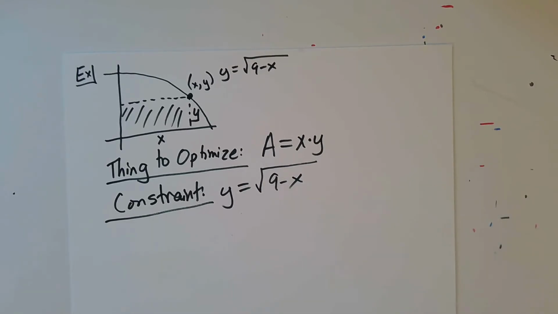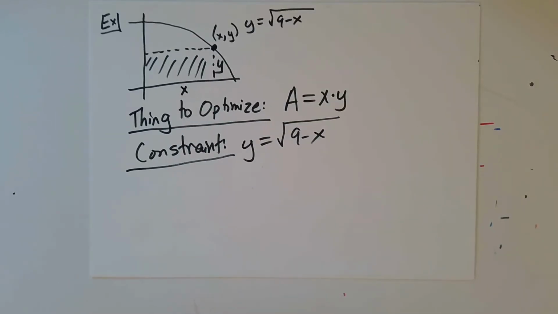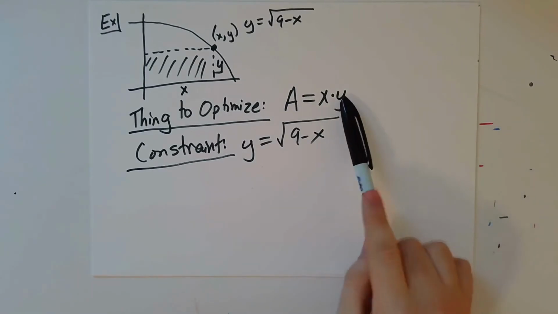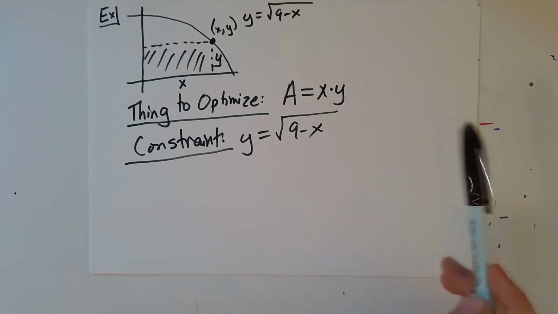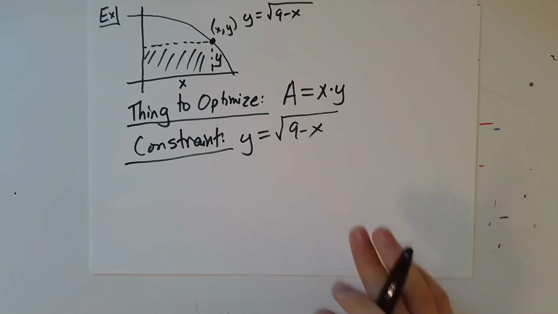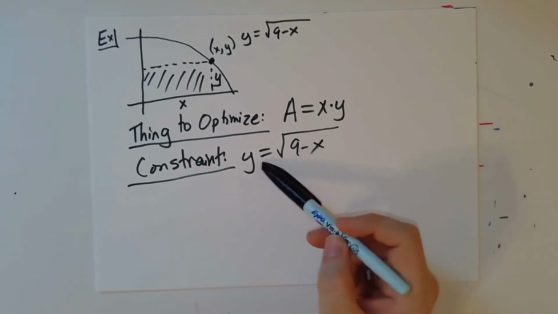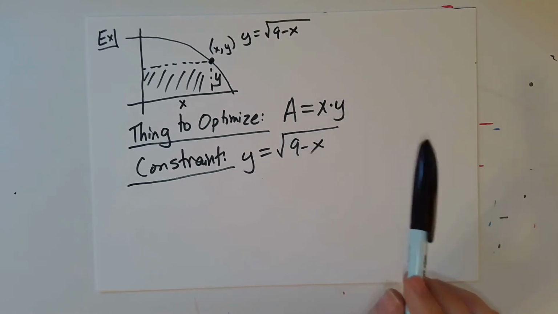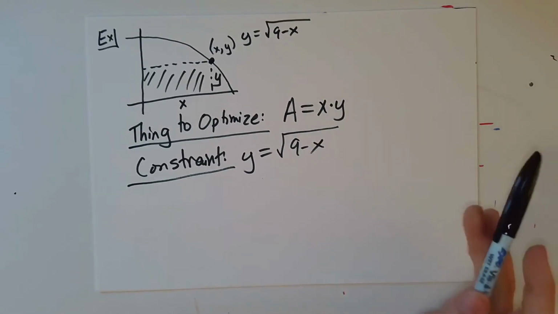Now, let me try and sell you on something. I could just plug this y straight in here. But if I do that, I'm going to have to take a derivative of something that's got a square root in it and a product rule, and that sounds messy.